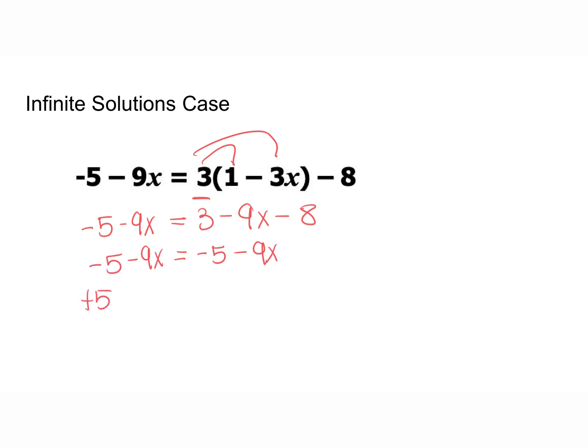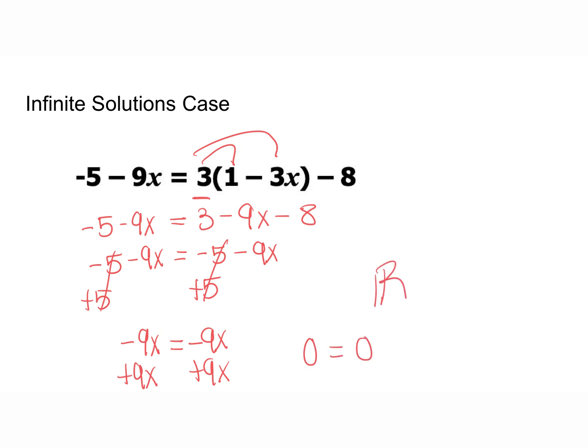So I'm going to add 5 to both sides. That'll cancel. Then I have -9x = -9x. Add 9x to both sides. I get 0 = 0. What this means is infinitely many solutions, all real numbers.